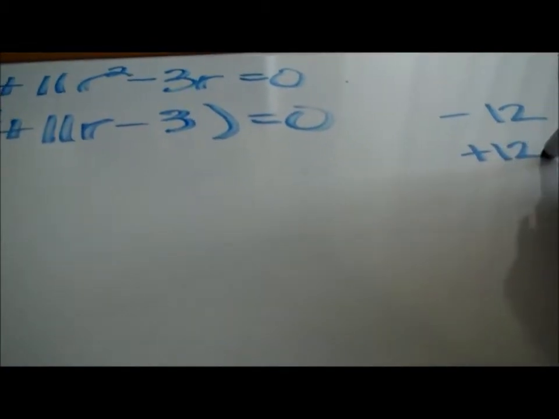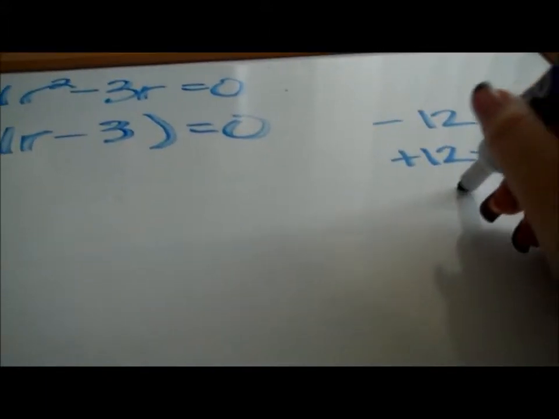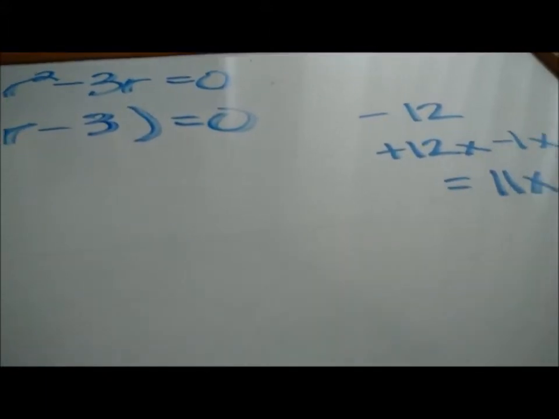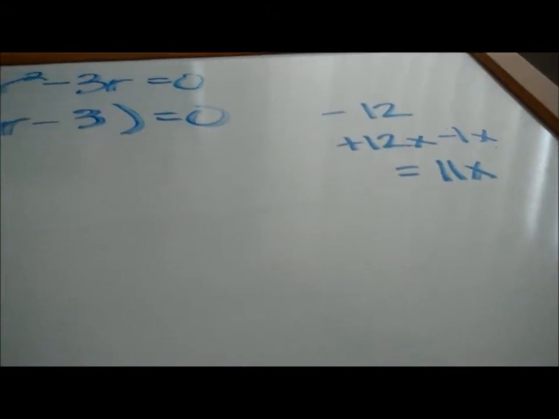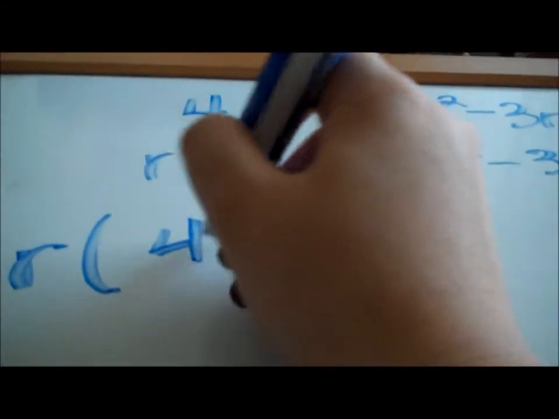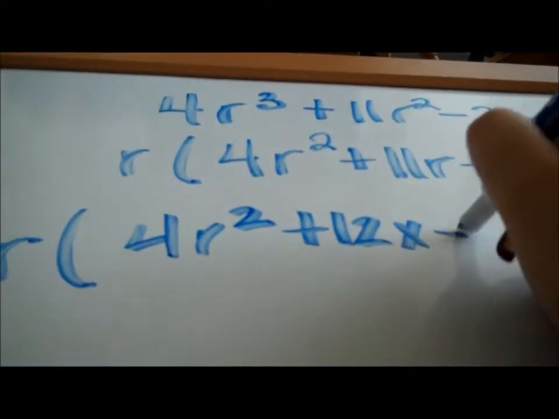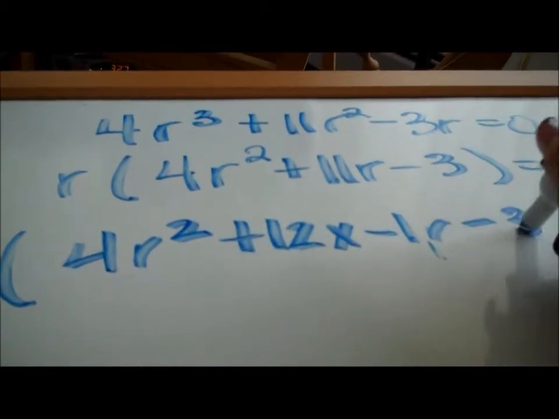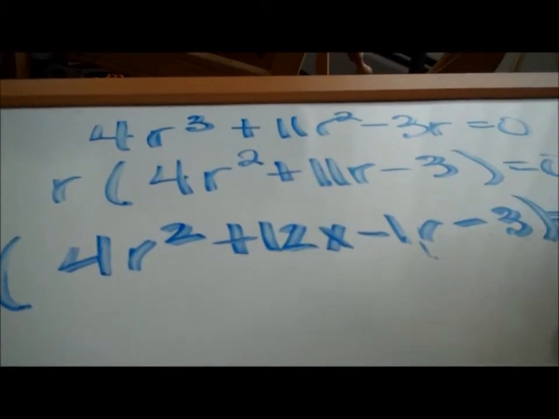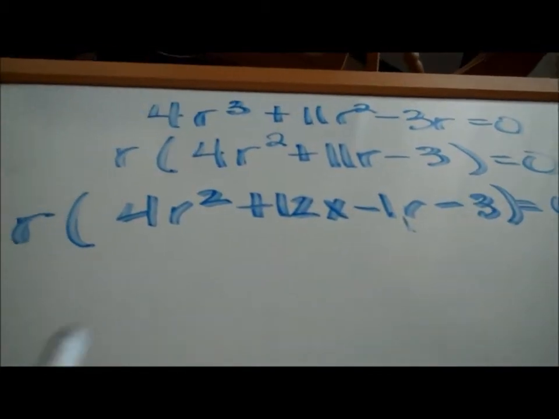So a positive 12r and a negative 1r will actually give me that positive 11r that we need in the center. So I'm going to go ahead and rewrite this as 4r squared plus 12r minus 1r minus 3 equals 0. Okay.